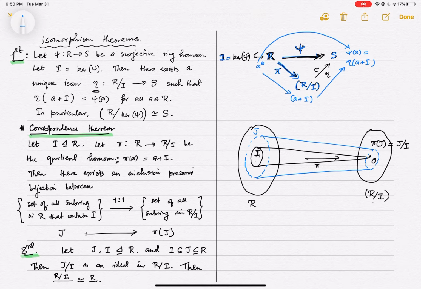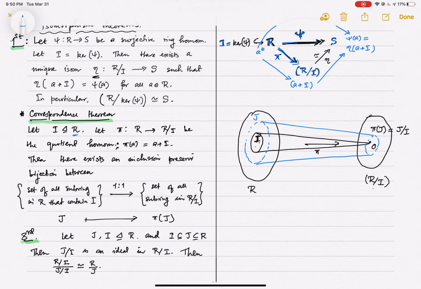Okay. The correspondence theorem says that when you have a ring R and an ideal I, take the quotient map R to R mod I. The cartoon is on the right side. This sets up a bijection between the ideals of R that are above I, that contain I, and the ideals in R mod I. So if you give me an ideal in R that contains I, I can apply pi to those elements, and the image will be an ideal in R mod I. Conversely, if you give me any ideal K in R mod I, then I take pi inverse of that.